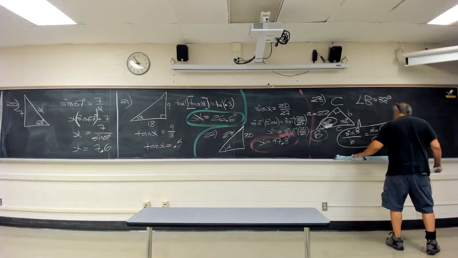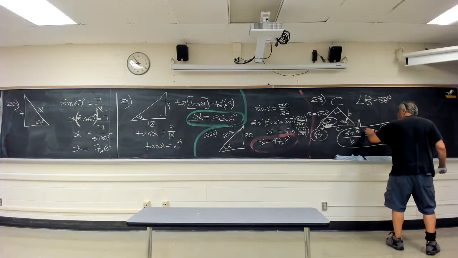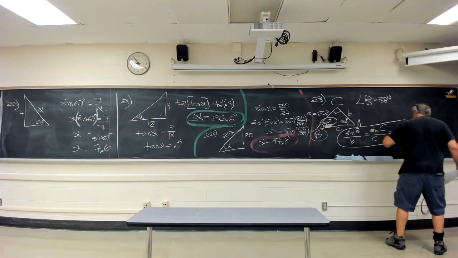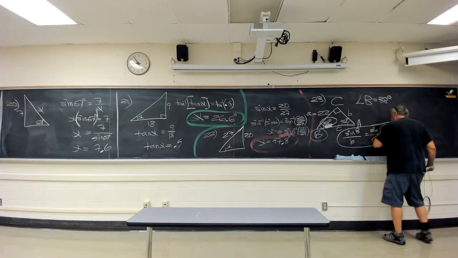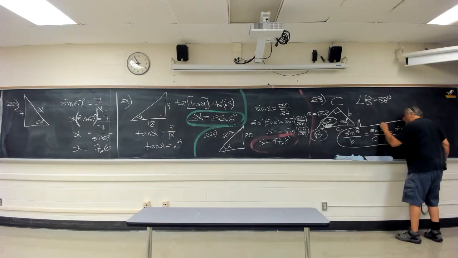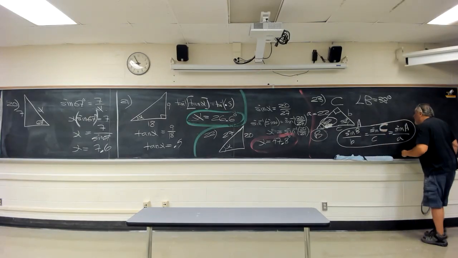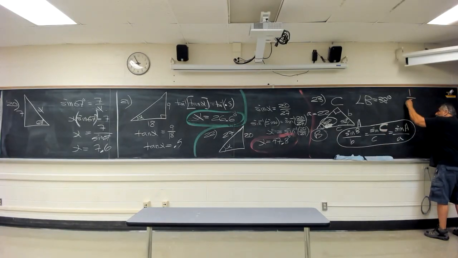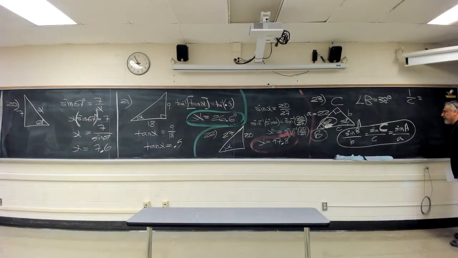I don't know how big C is, but I do know that big C is 90 degrees. Sine of 90 degrees is 1, so 1 over c equals, use whatever you want at this point, guys.